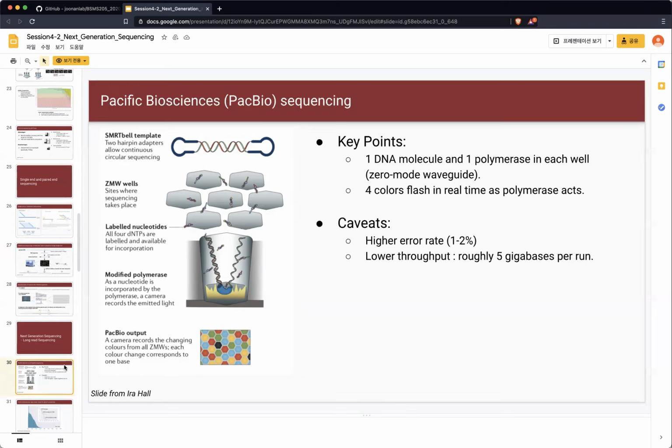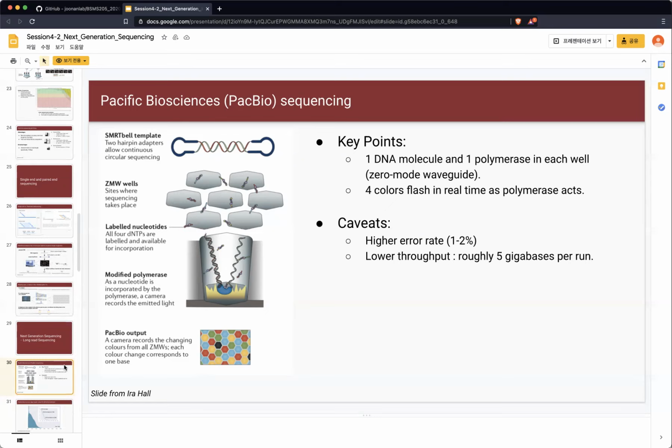If you want to sequence one person's genome, your DNA, you go to the company and ask for Illumina sequencing, and the company asks you to pay $2,000, which is about 2 million won. So it's about the price of a laptop, right?